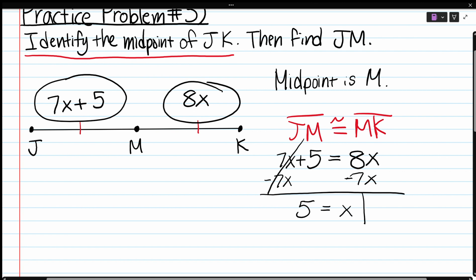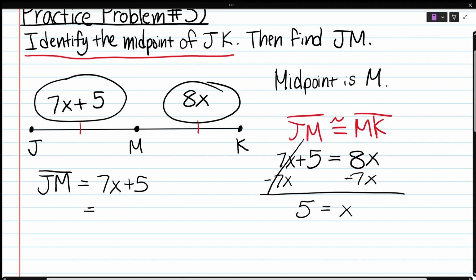Okay? But the question said find JM, and we know that JM is equal to 7x plus 5, right?